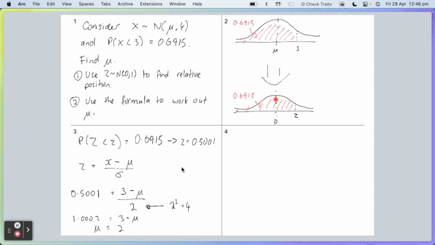Okay. So any normal distribution can be transformed into a standard normal. Standard normal has a mean of 0 and a standard deviation of 1.